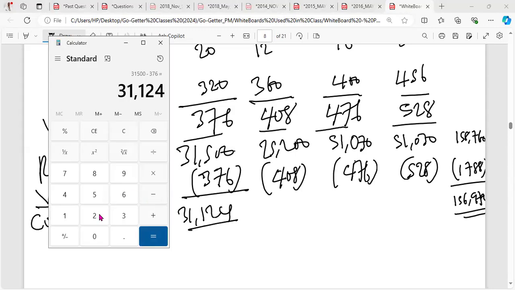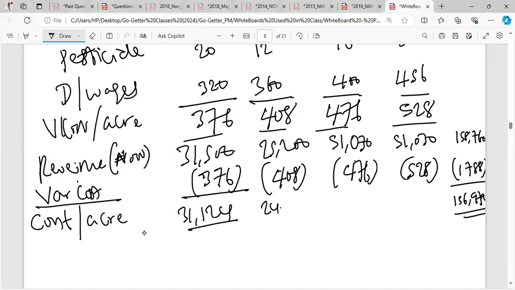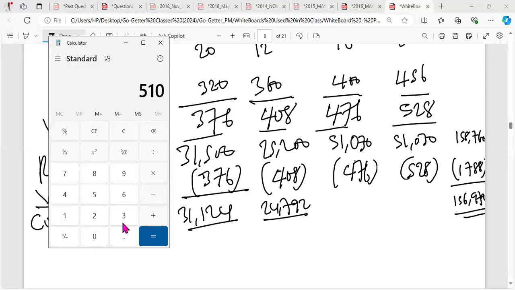Then we have 25,200 minus 408. That gives me 24,792. The third one, 51,030 minus 476, 50,554.